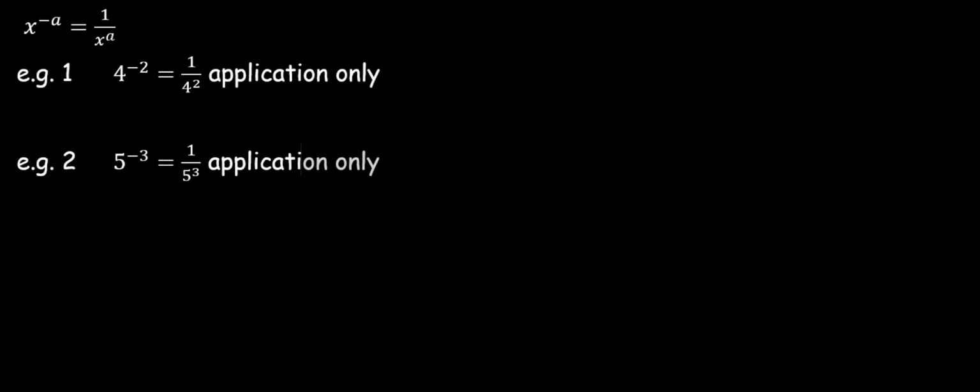Application only. Why we stated application only is that we are not solving the problem fully. We are only trying to explain how the law works. Let's take another law. Open bracket, x over y, close bracket, raised to power minus a is equal to open bracket, y over x, close your bracket, raised to power a.